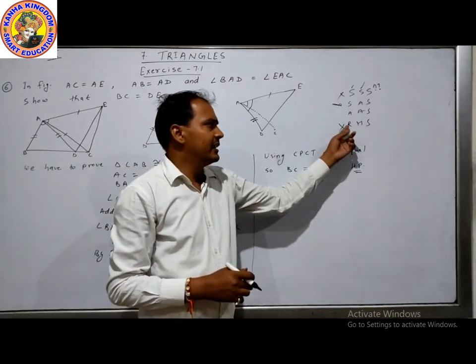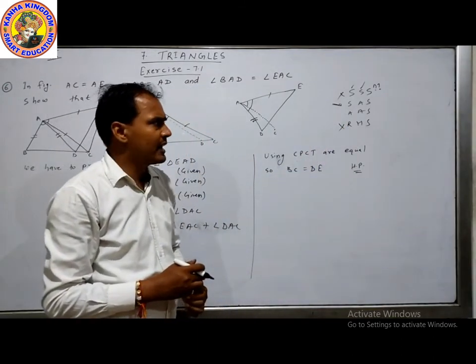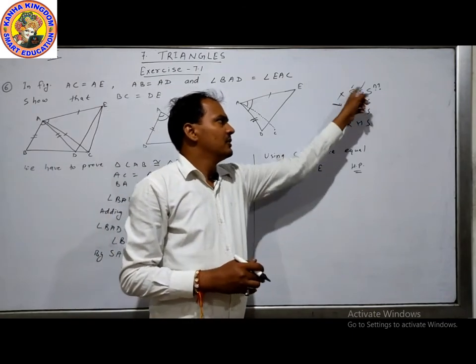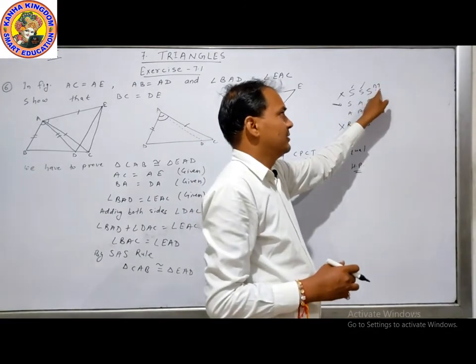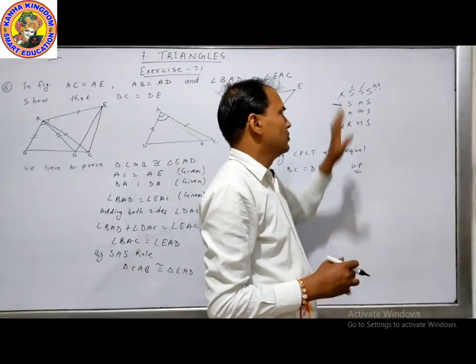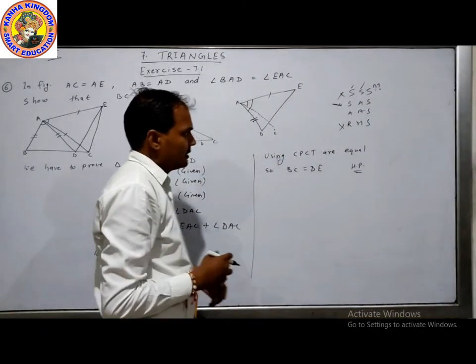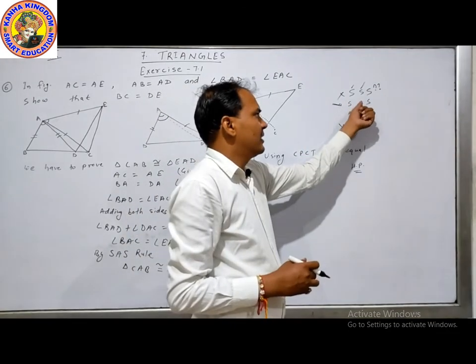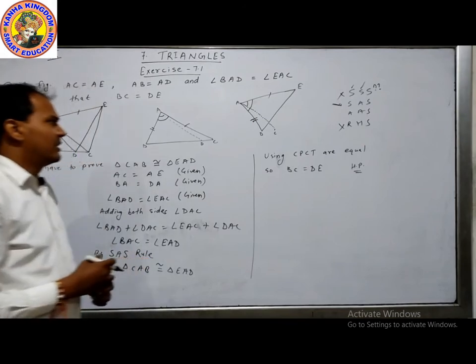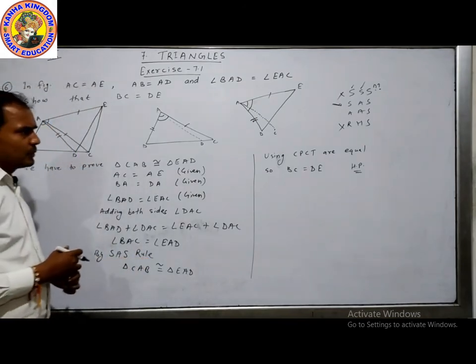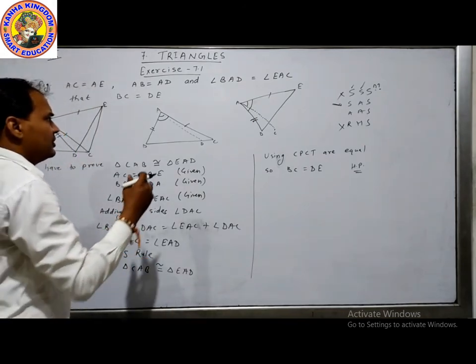There is no right angle, so we cannot use the RHS rule. For SSS, two sides are equal but the third side is what we are asked to prove, so we cannot use this. Then two sides are equal, with one missing angle; we have to find it.